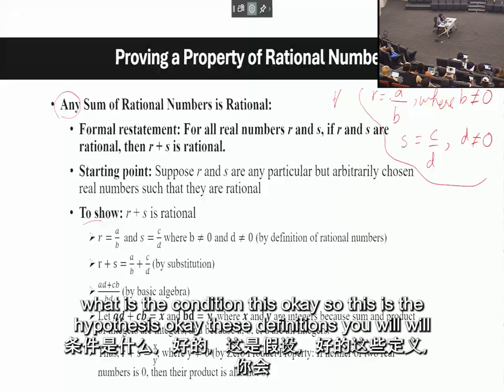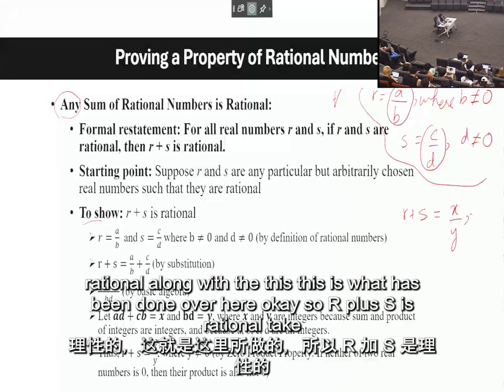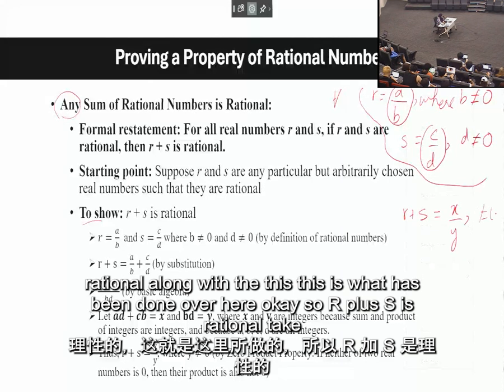These definitions will be the starting point of your proof. Now what you actually have to prove is that r plus s is rational.